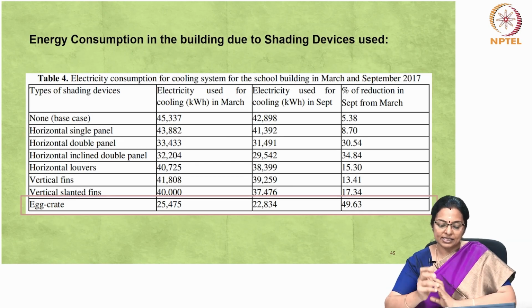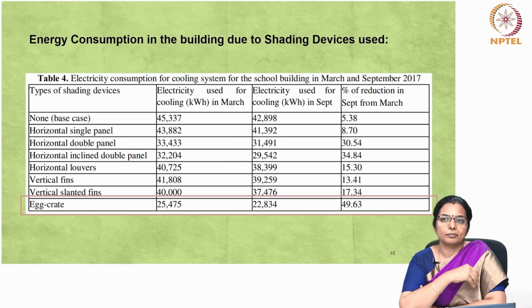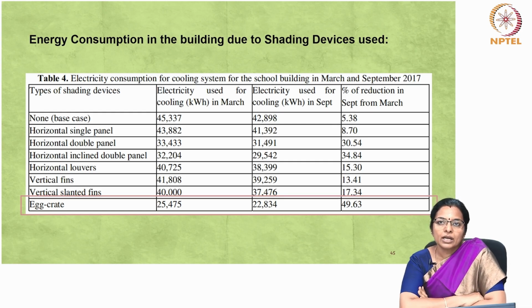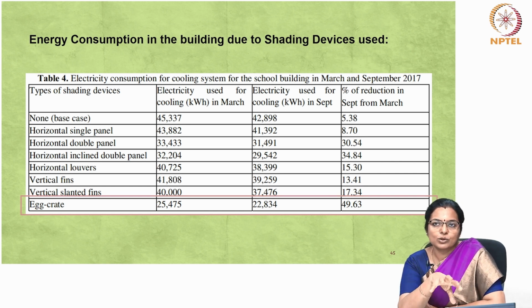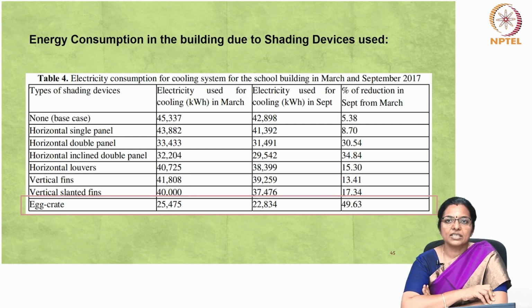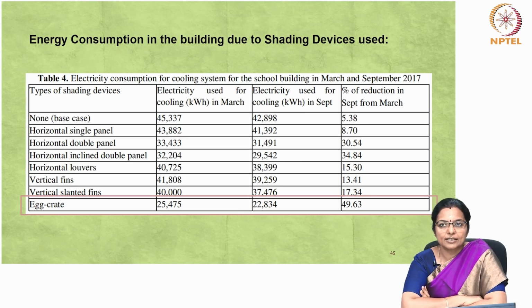So, in this table, after analysis, when we look at the comparative analysis of cooling energy consumption, this was supposed to be a school building, the study was done on a school building in March and September. It highlights the efficacy of different shading devices.